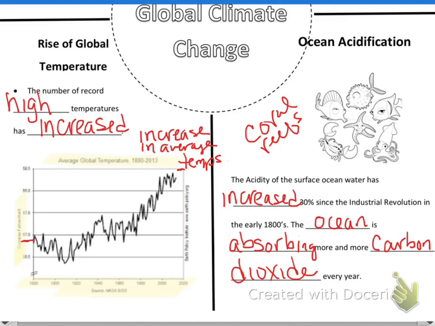So that is an example of this happening here. There's too much carbon dioxide being released, and it's being absorbed more and more into the ocean, causing the acidity level to rise, which is causing coral reefs to be bleached, and which is killing and damaging those ecosystems and destroying the area for all those animals.